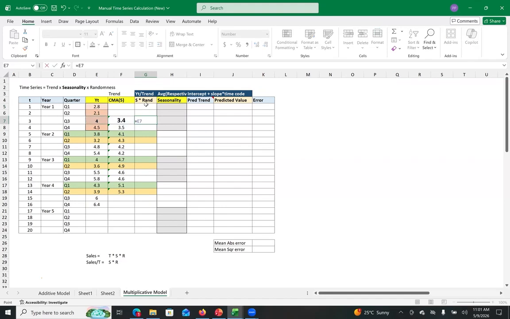This divided by this. And then you take the average of all the seasonality, same thing, right? Can you just try it? We will quickly do the multiplication one as well. First calculate CMA5.